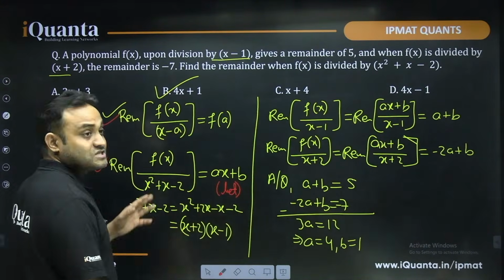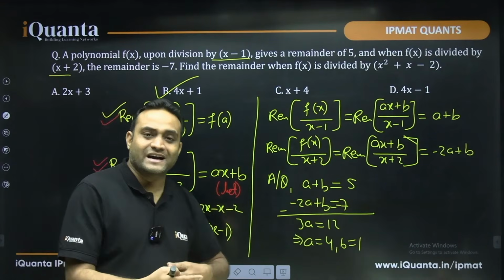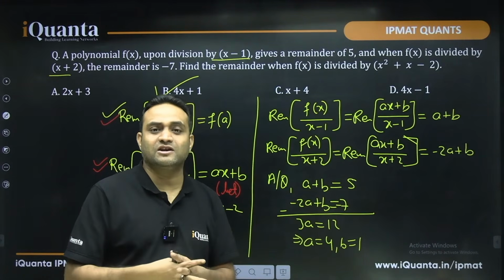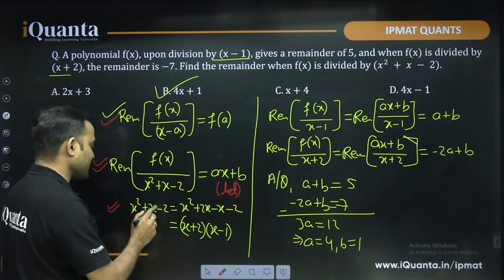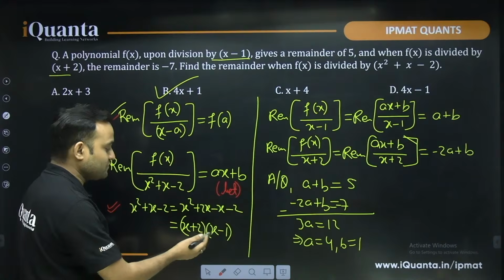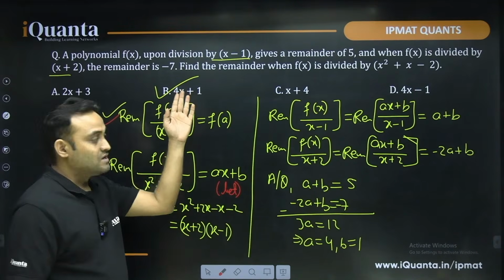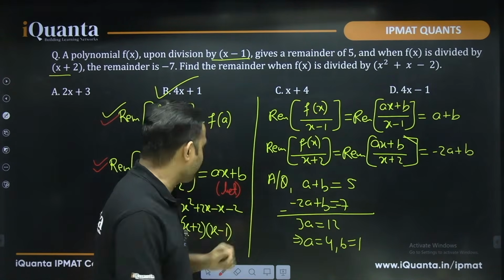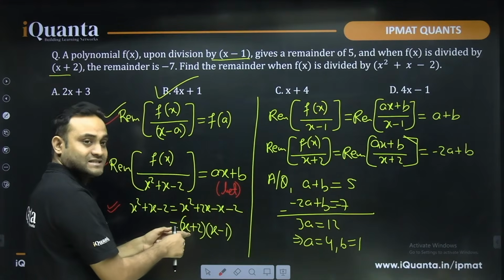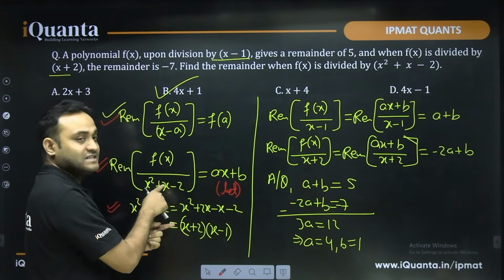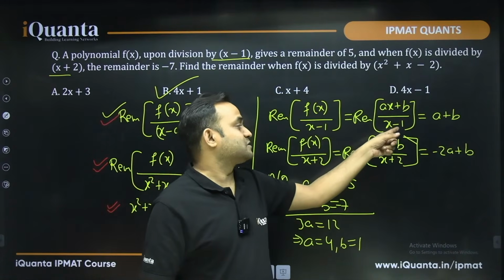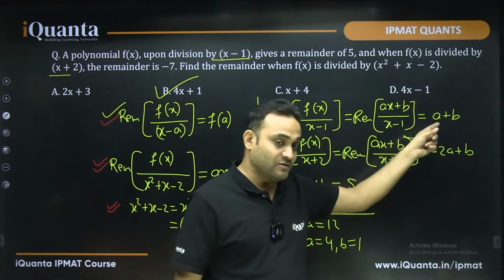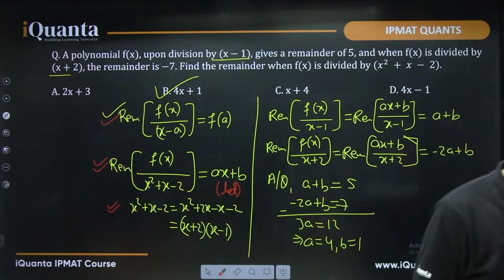ax plus b, because when you are dividing by a quadratic, the remainder will be linear or constant. And what is x square plus x minus 2? This is nothing but a multiple of these two expressions. So whenever you are dividing f(x) by this, same as dividing by this will be the remainder. When you divide ax plus b by x minus 1, the remainder will be a plus b.